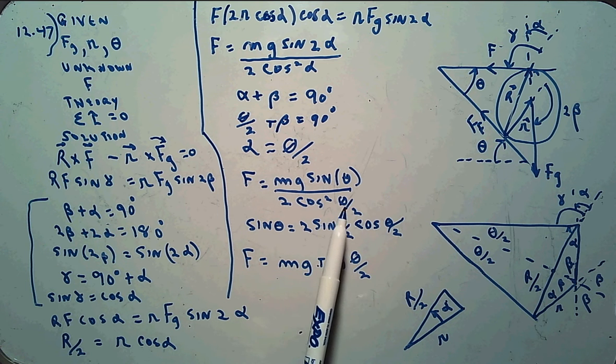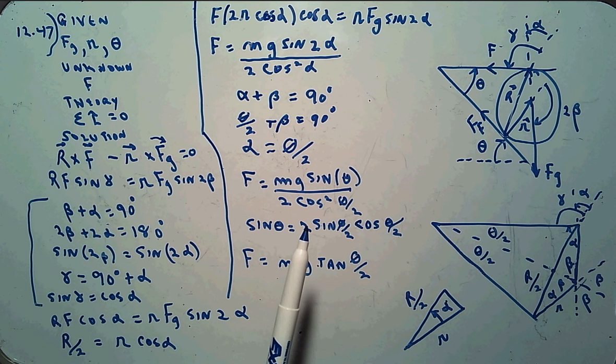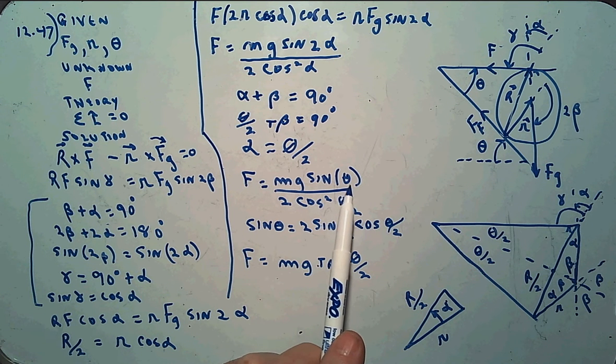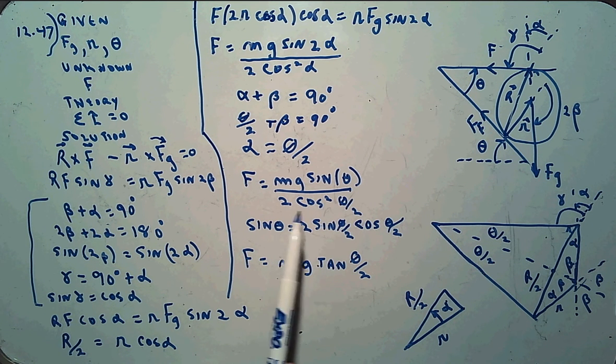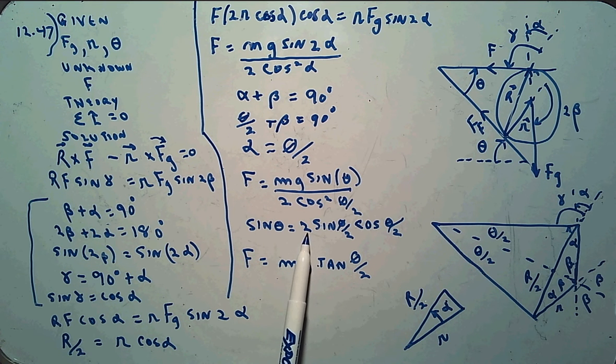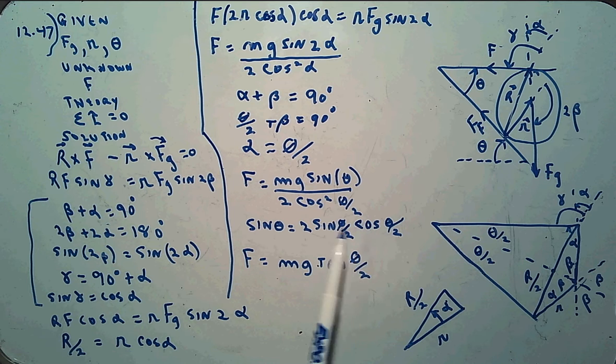So you can replace alpha with theta over 2, and that makes this just theta, because 2 times theta over 2 is just theta, and then 2 cosine squared theta over 2. Now, you could leave it at this, but remember that using the half angle formulas, the sine of theta is equal to 2 sine theta over 2 times cosine theta over 2.